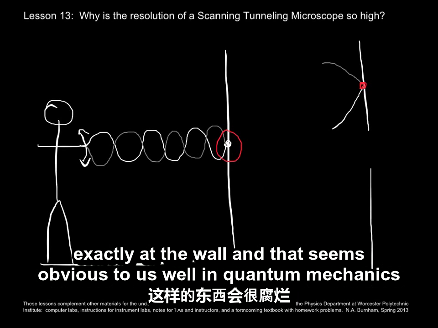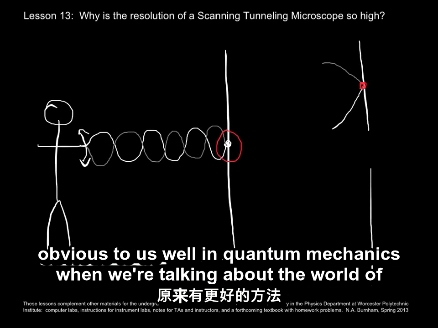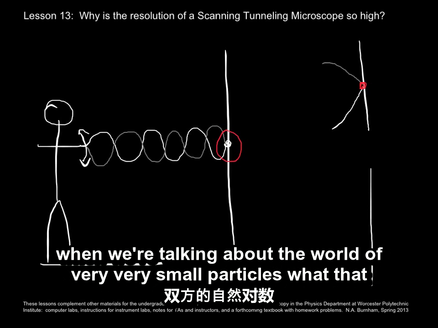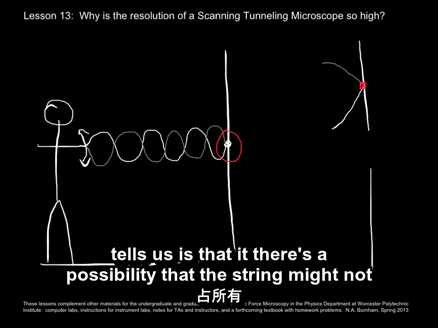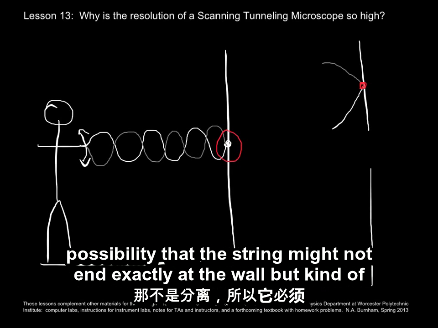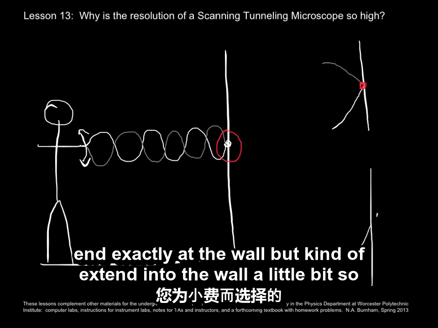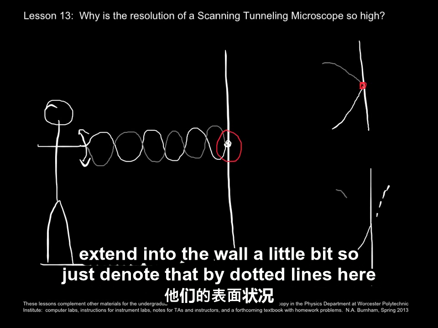Well, in quantum mechanics, when we're talking about the world of very, very small particles, what that tells us is that there's a possibility that the string might not end exactly at the wall, but kind of extend into the wall a little bit. So just denote that by dotted lines here.